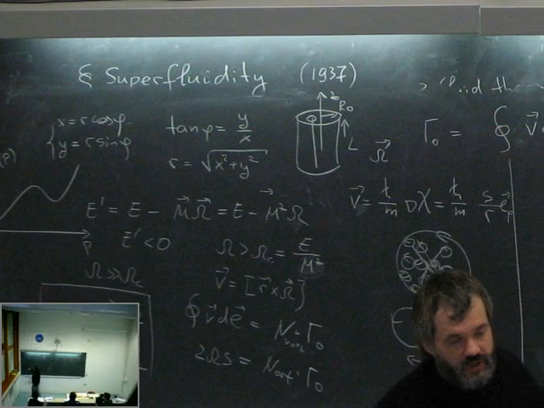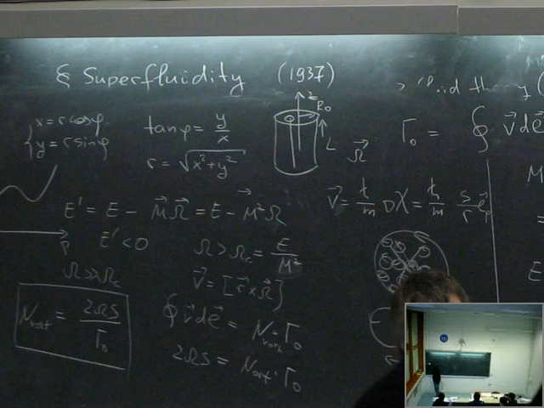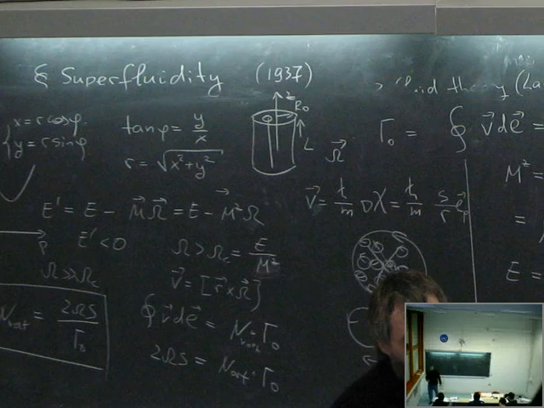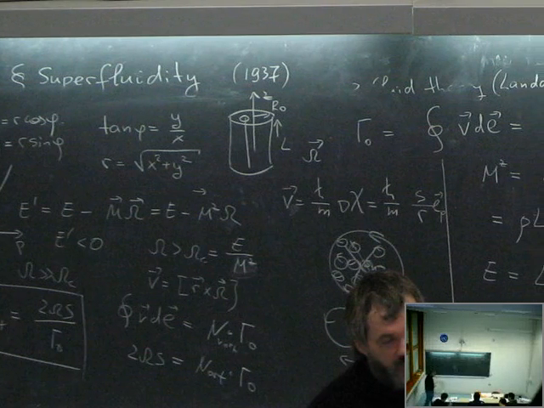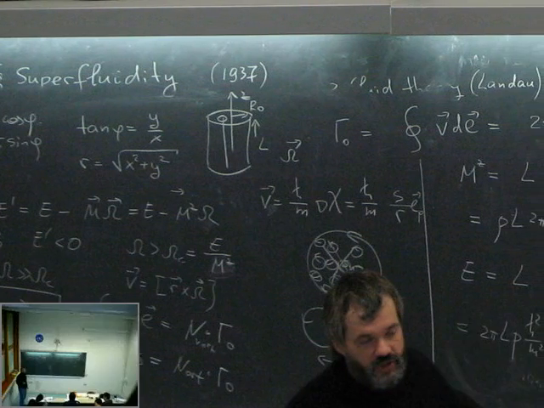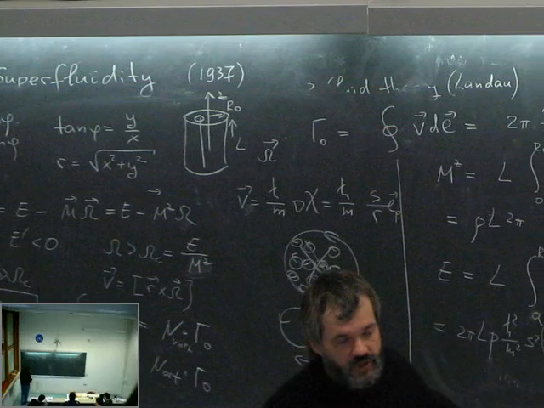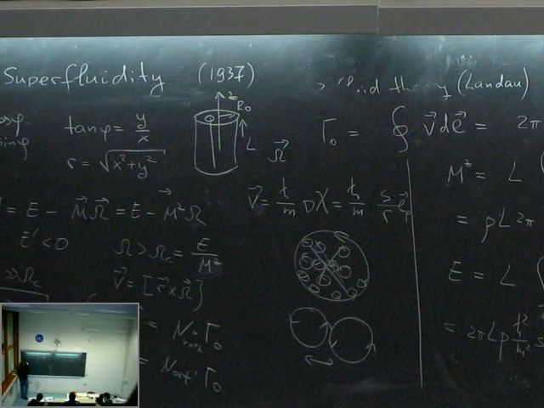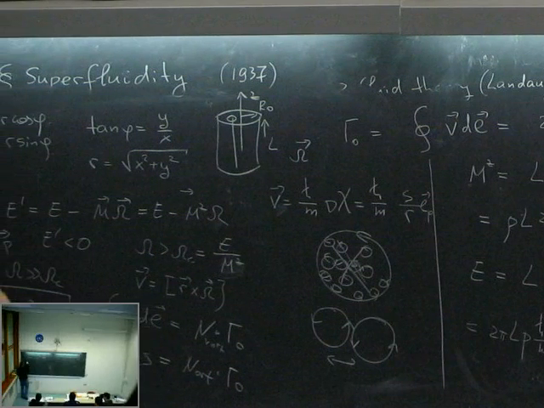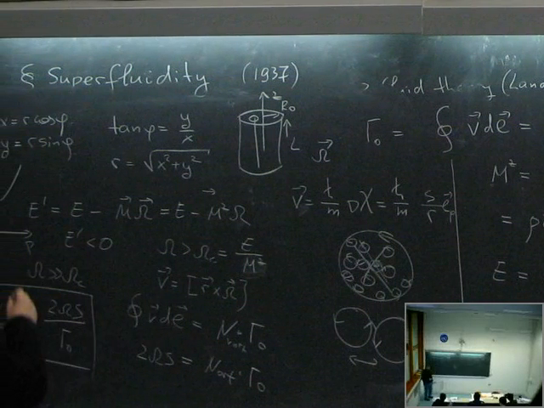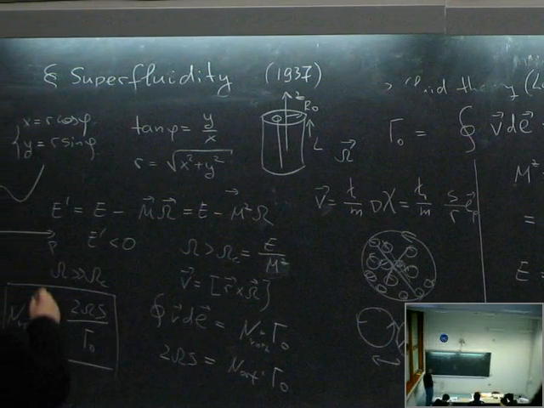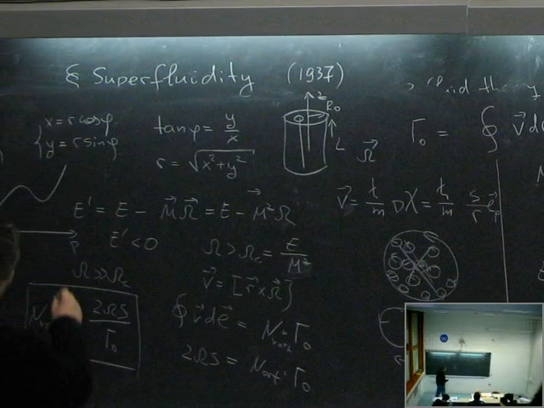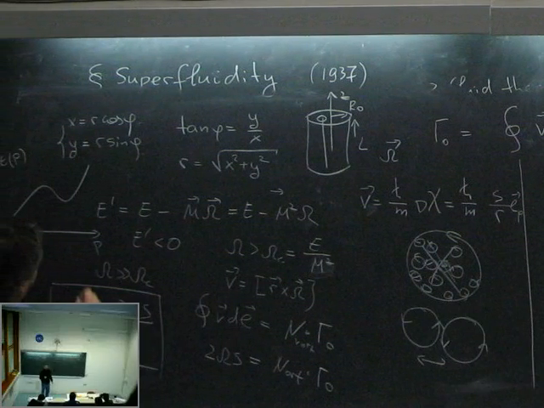First of all, it has a phonon branch of the spectrum, which can be derived microscopically, for example, for the model of weakly interacting bosons. But then, if your energy exceeds some gap value, you start to create vortices in the system. And this is how you destroy your superfluidity.